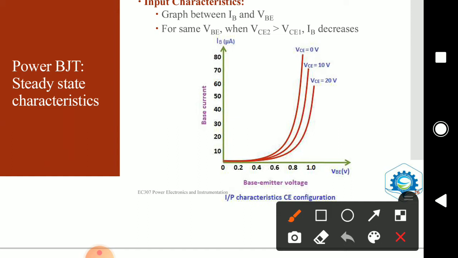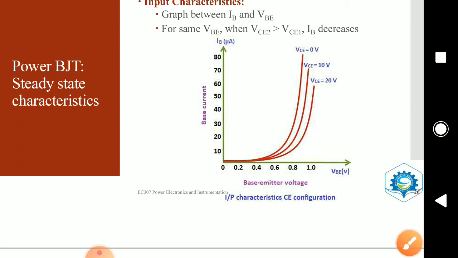When the base current is reducing, the collector emitter voltage will increase. If you are going downwards, you can notice this particular point.